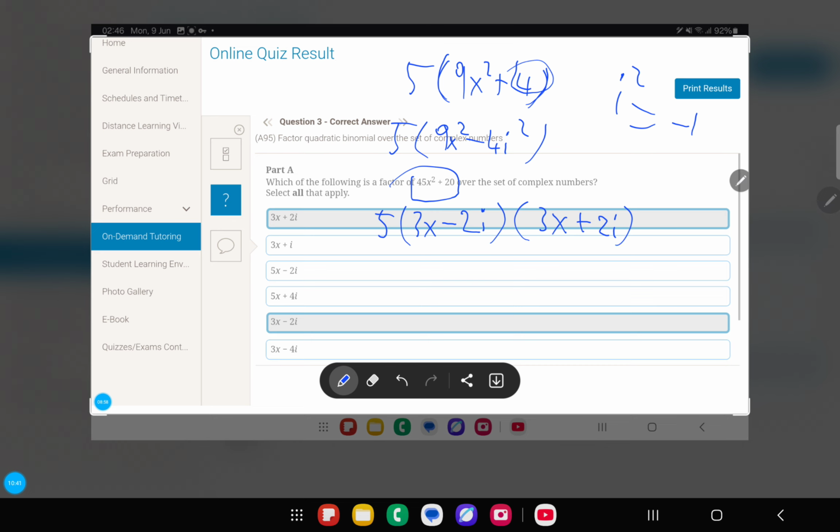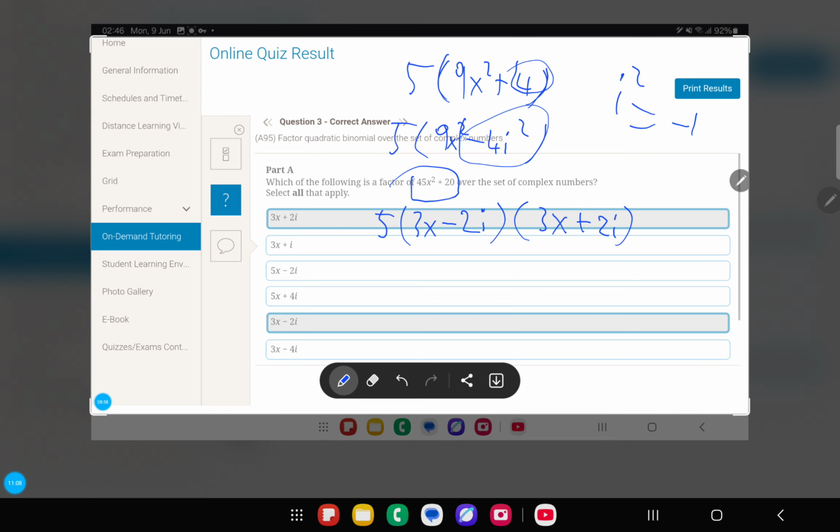You just factor it normally, right? 9x squared, when you factor it, it becomes 3x on both sides, right? Now 4i squared, when you simplify it, it becomes 2i, right? So one's negative on one side and one's positive on one side, because when I do -2i times 2i, it becomes -4i squared. That's how we factor it. Okay, we just factor it like we used to in grade 9.